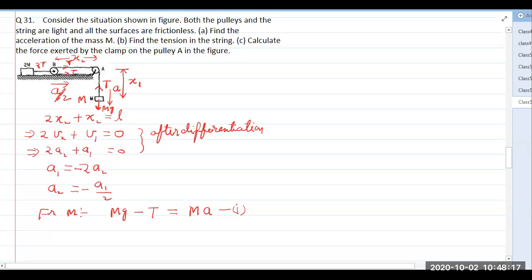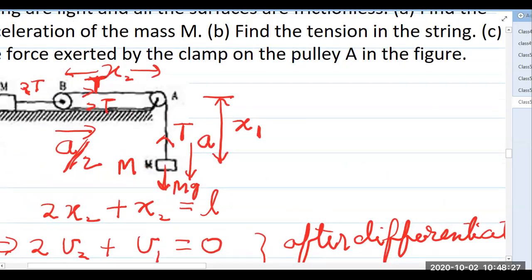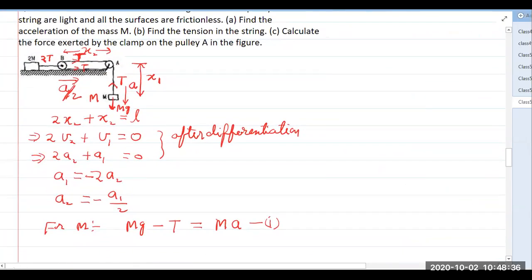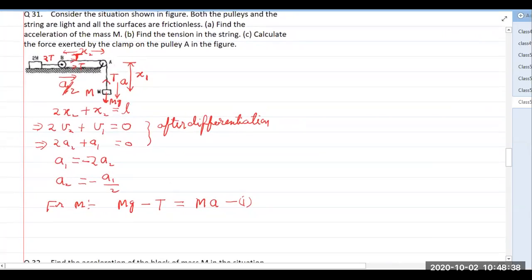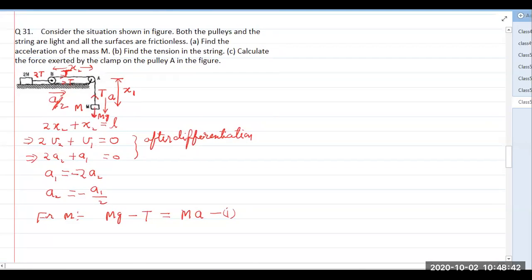I have already discussed that around a pulley, if two tensions are T and T, then this tension will be 2T. So the 2m mass is getting pulled by tension 2T.